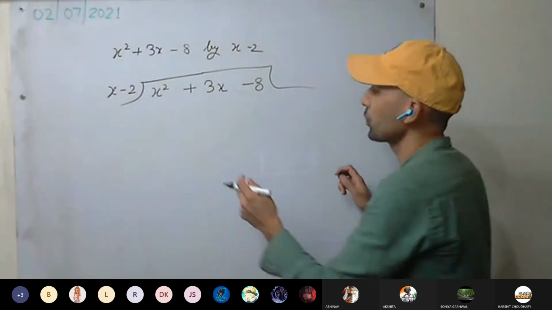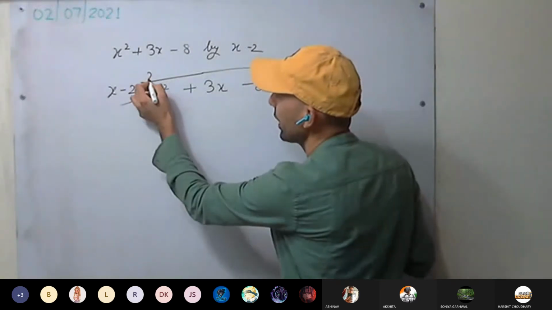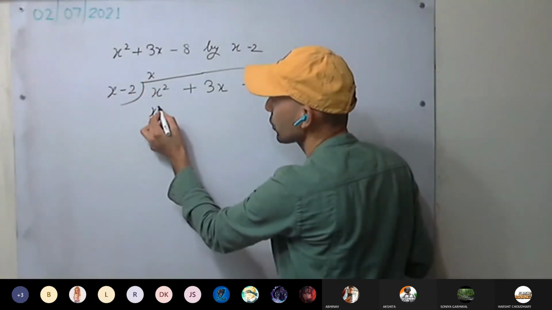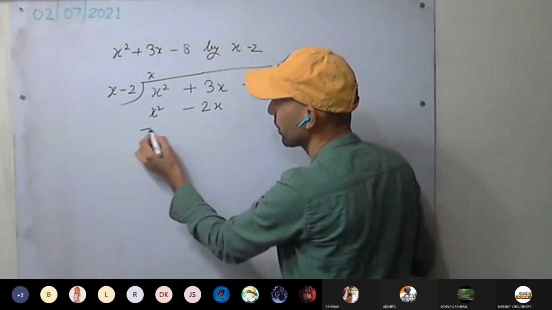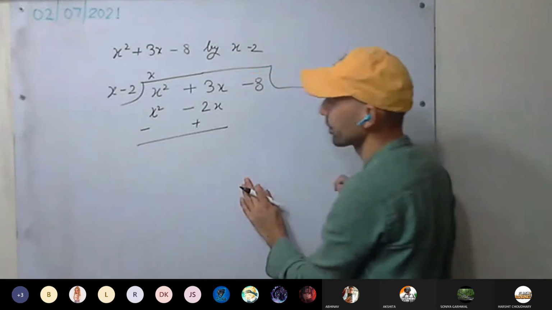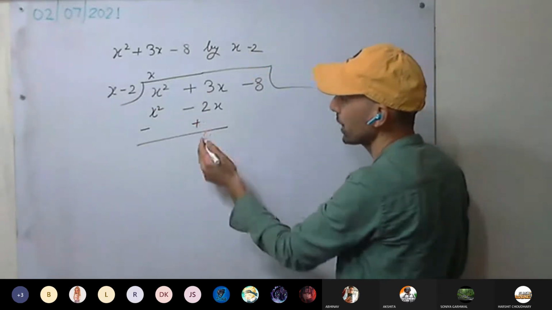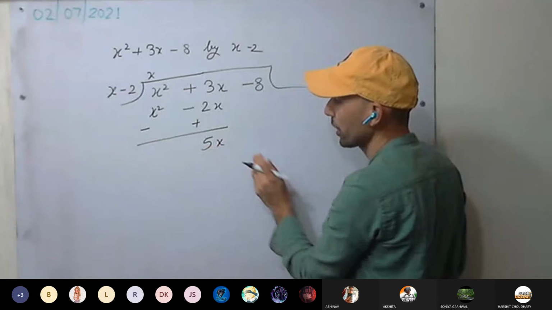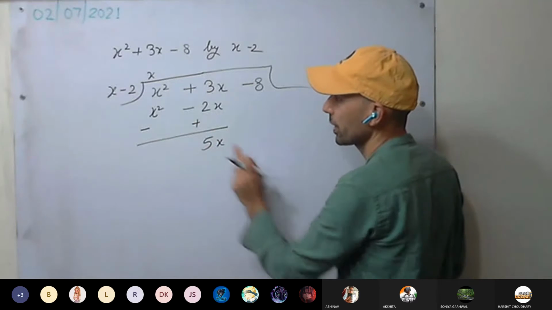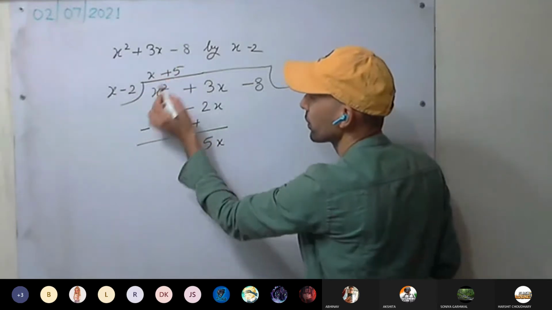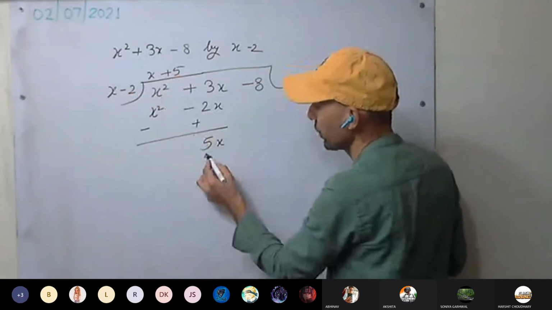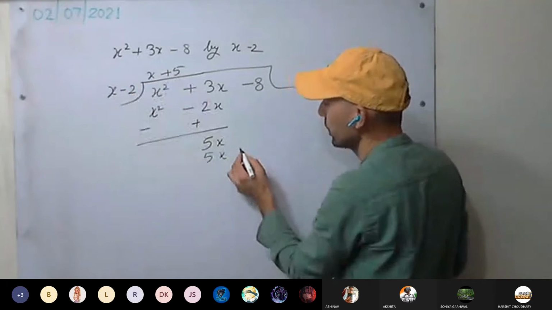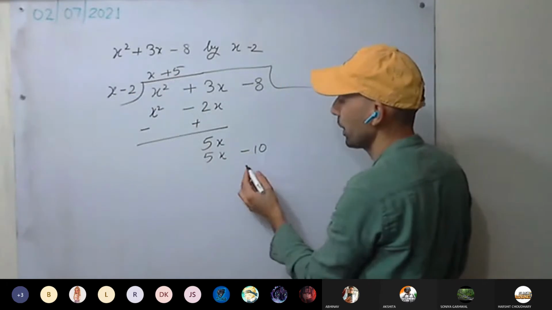So first term, x into x square, minus 2 into x, minus 2x. Minus, plus: 3x plus 2x, 5x. So plus 5. X into x, x into 5, 5x, minus 2 into 5, minus 10.